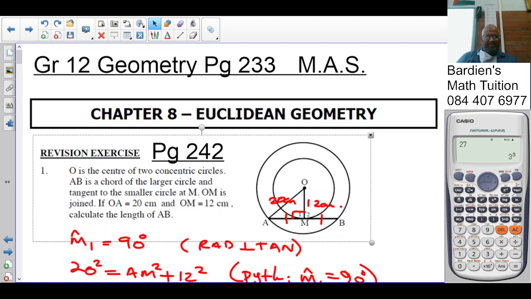So coming from the midpoint theorem, the midpoint theorem was done in grade 10.